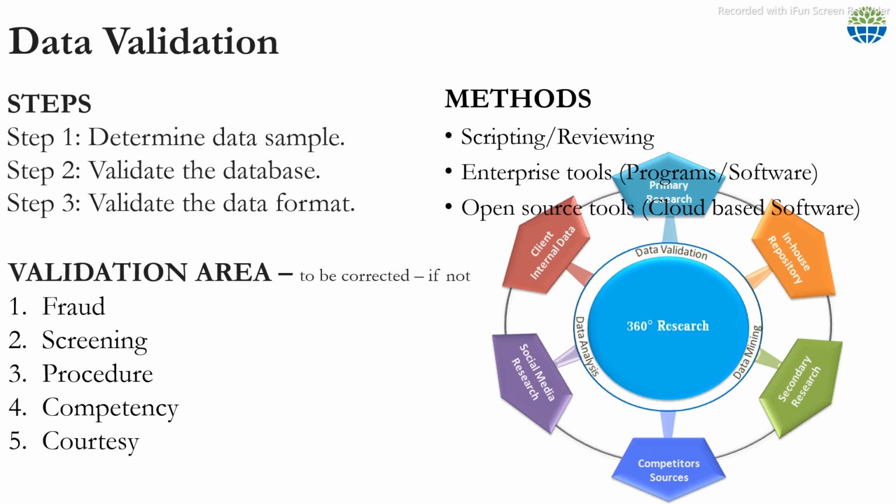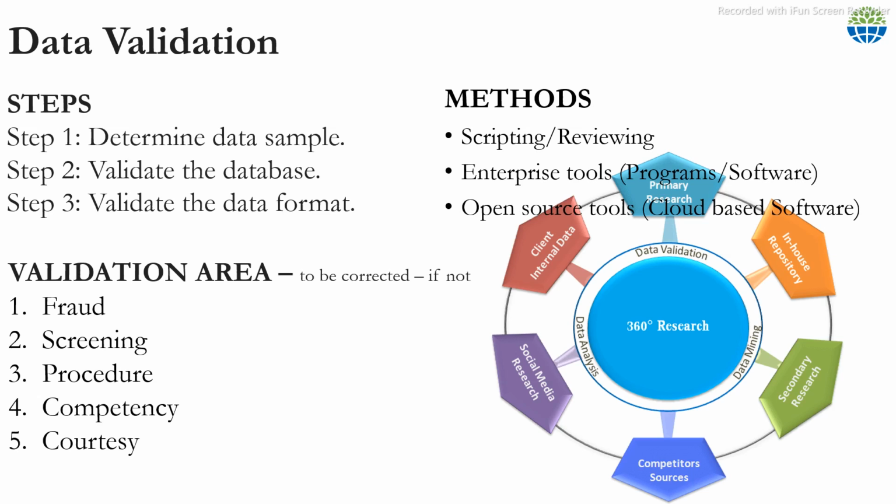Second is validate the database. Whatever database has been generated, we have to check the consistency at each level. Then we have to validate the data formats also, because data formats play a very significant role in generating the data, either doing research, or doing observation, means recording observation from the site survey, right?